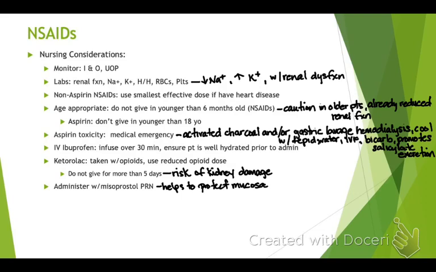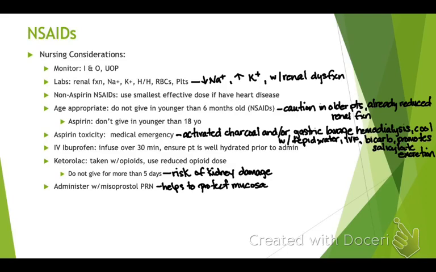aspirin toxicity. With IV ibuprofen, you want to infuse it over 30 minutes, and ensuring that the patient is well hydrated prior to administration is also important. With ketorolac, if it is taken with opioids, it will help to reduce the opioid dose. Meaning, because it has that synergistic effect, you don't have to give as much opioid to get it to work effectively for the patient, because you're giving it along with the Toradol.